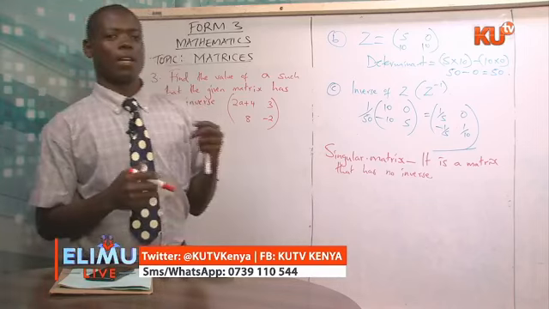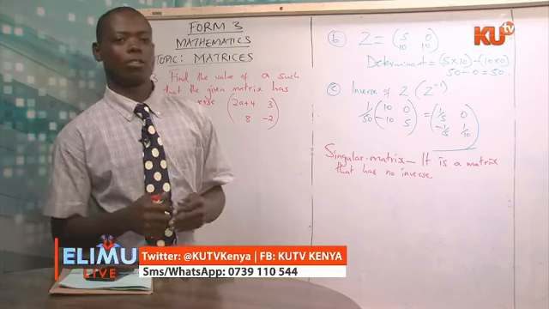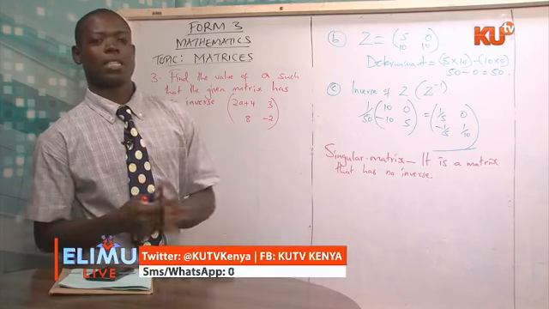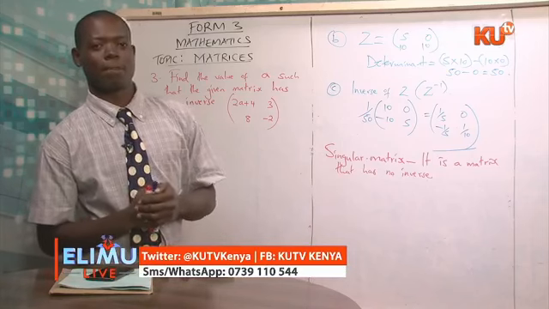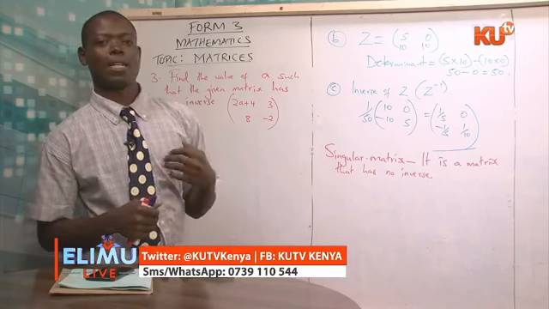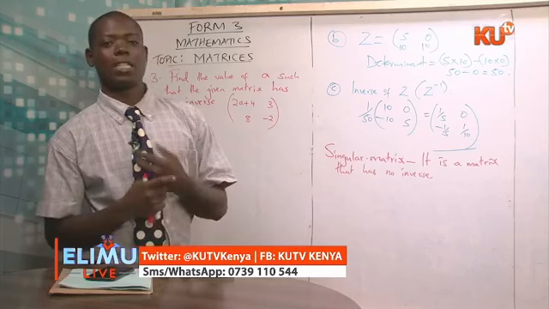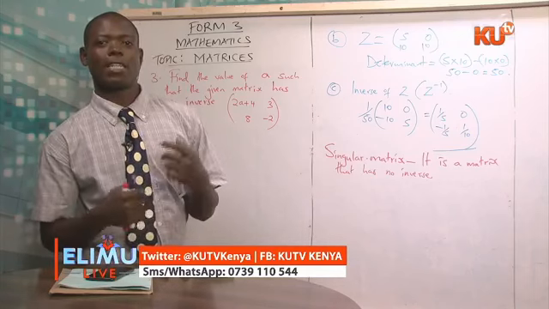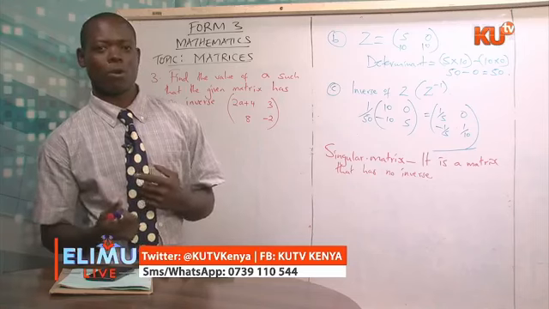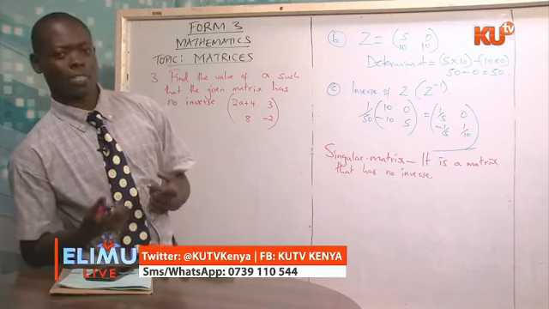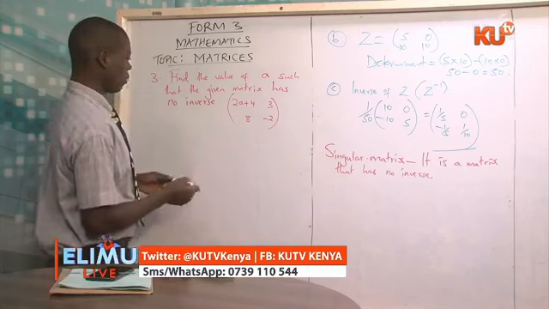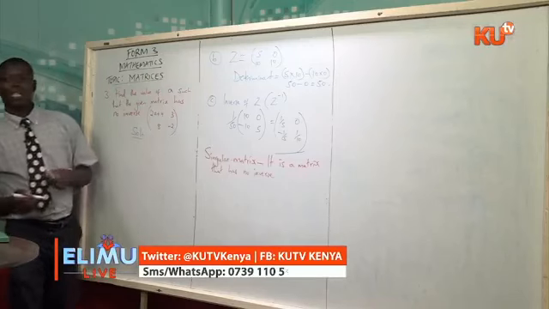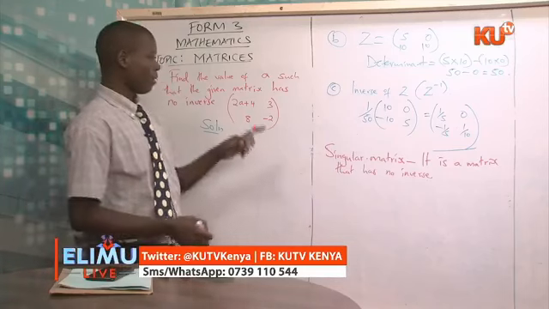Again, I'm repeating, they might not mention that it's a singular matrix, but rather say that the matrix has no inverse. Then remember, any matrix that has no inverse is a singular matrix. And therefore, if it's a singular matrix, the determinant is equal to 0. So we simply work it out with figures this way. What are the elements in the leading diagonal?